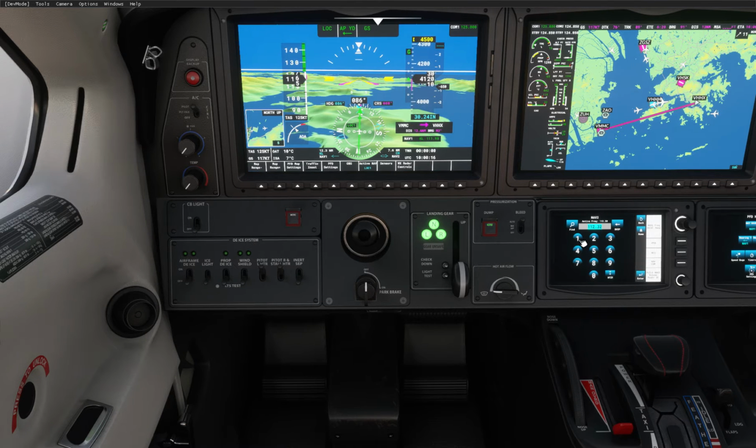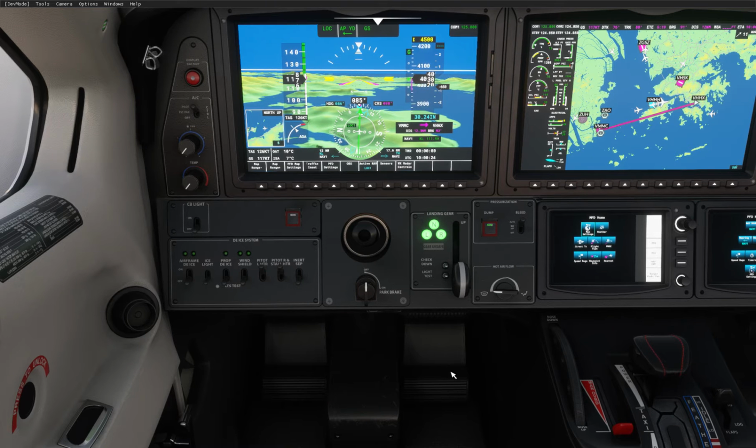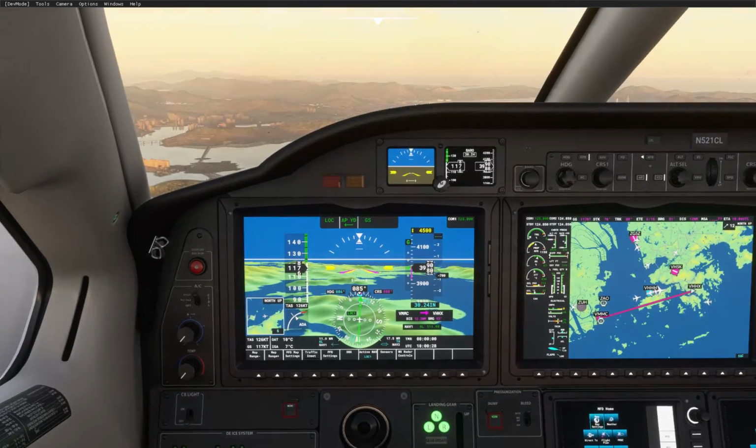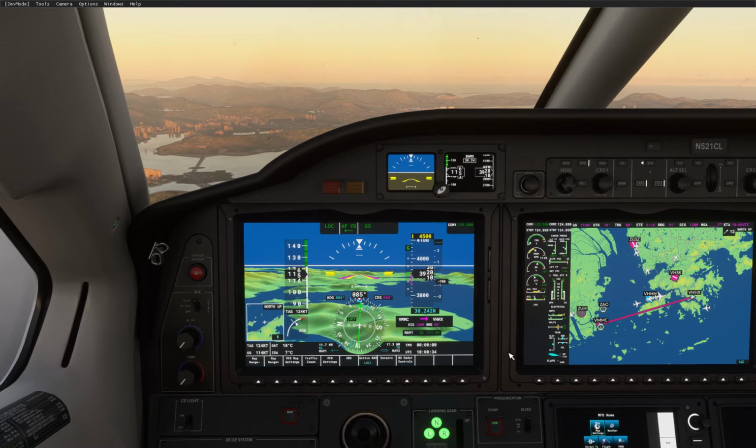Right here, 155. Transfer that in. TH, that checks. And we've got a bearing pointer to it. Yeah, looking good. Alright, on the glide slope.